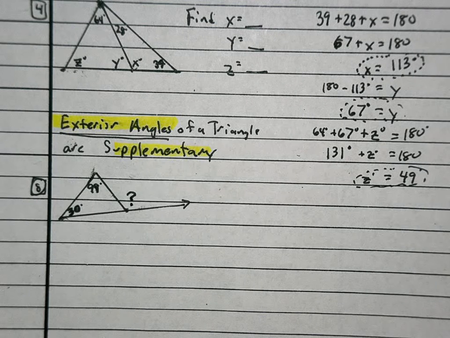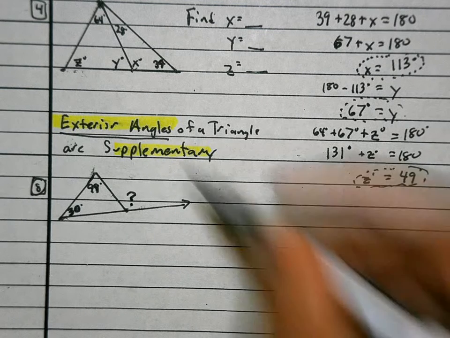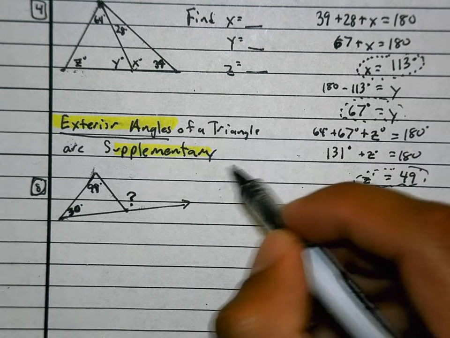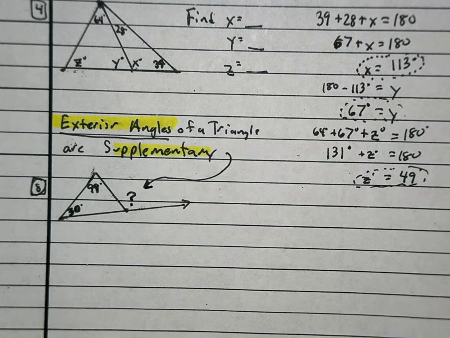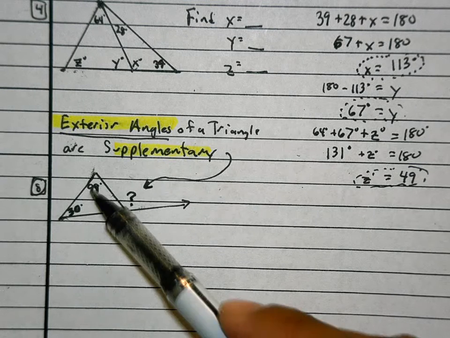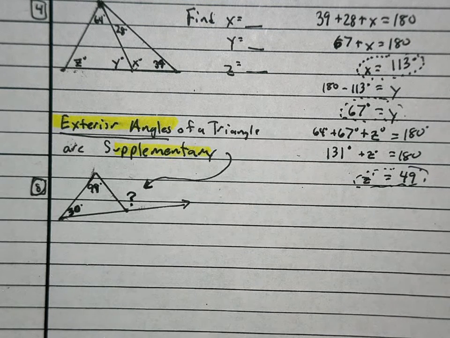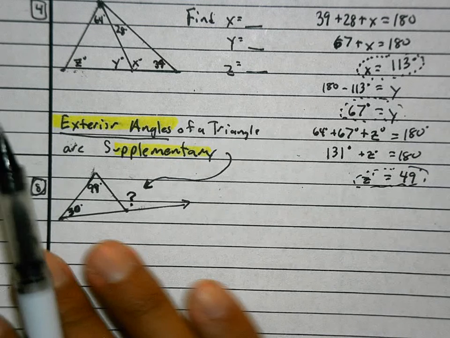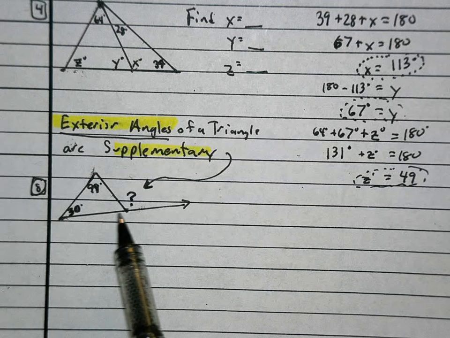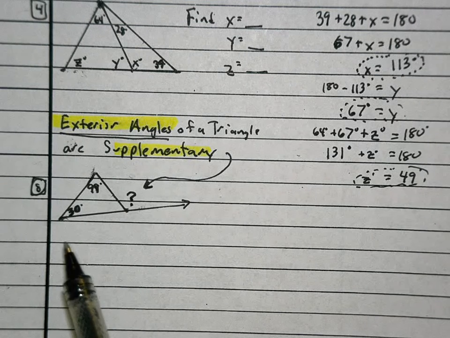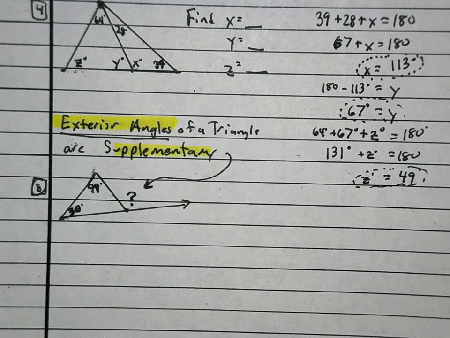I'm just going to draw a picture so that you know this is the exterior angle. Think of the angles inside the triangle as interior, just like before, and anything outside the triangle made by extending one side is called an exterior angle.